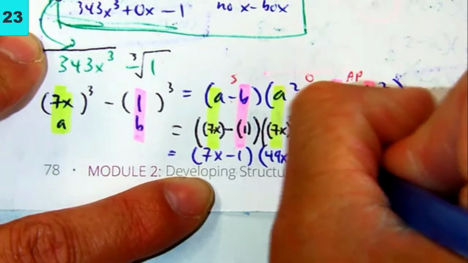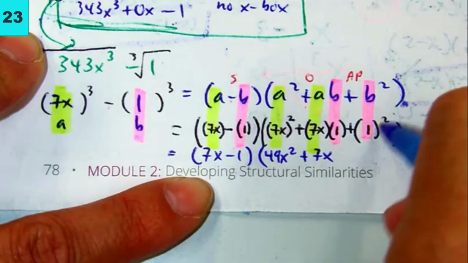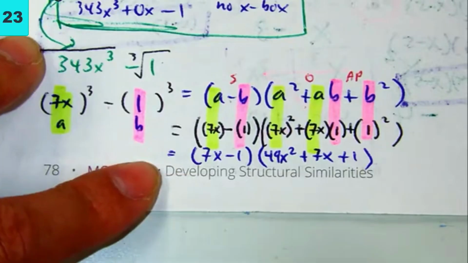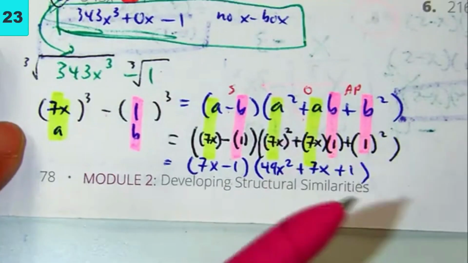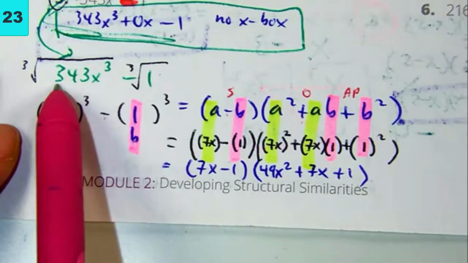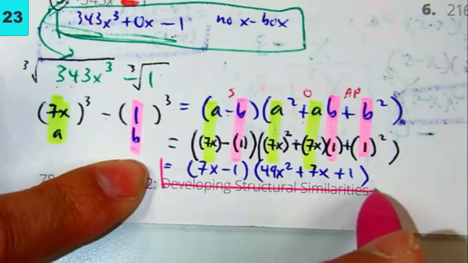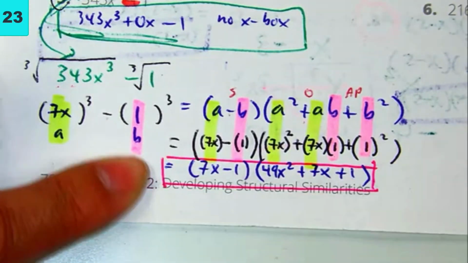It's positive. And 1 times 1 is just 1. So my answer, how do I factor 343x to the third minus 1? I put it into my formula, and that's our answer.